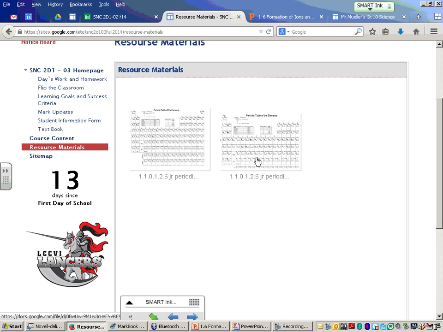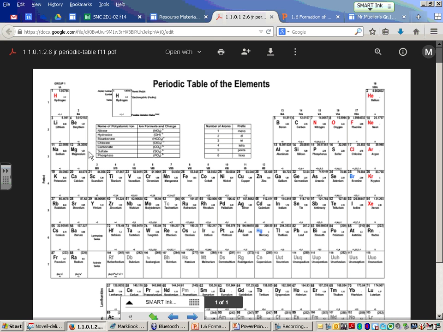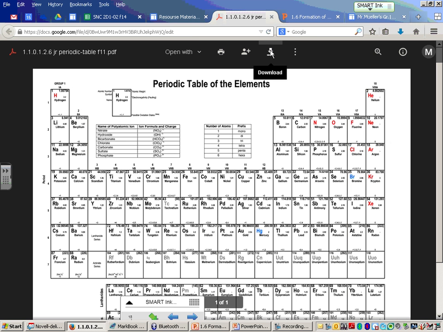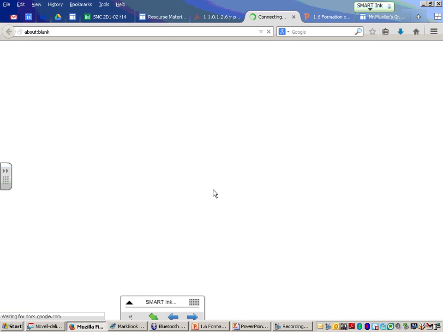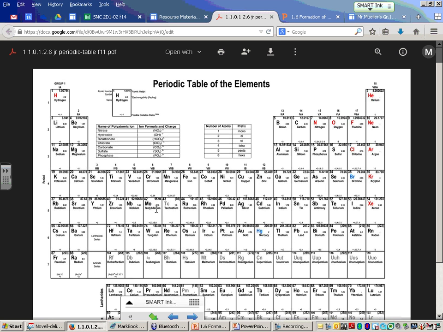So here we've got the junior periodic table, and it would be a good thing to print one of these, folks. This doesn't work very great, so let me just download this in a PDF viewer. Be patient with me here. Did it open it up? Come on, open it up.